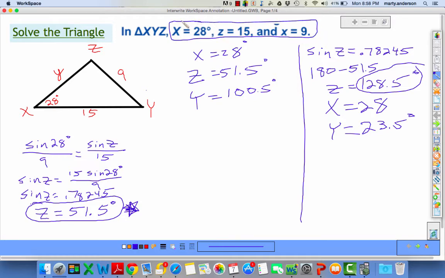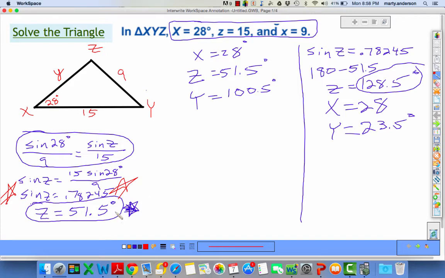So again, what do you do? Step 1, set up the law of sines with what you have. Cross multiply and solve. This right here is where you need to check to see, okay, I know there are two values less than 180 that are going to have a sine ratio of 0.78245.